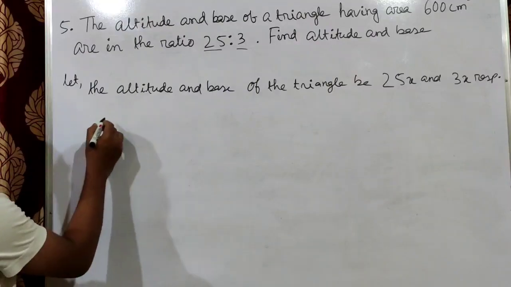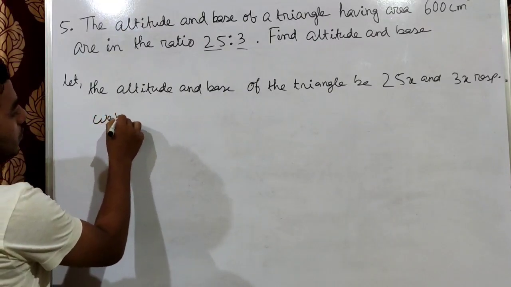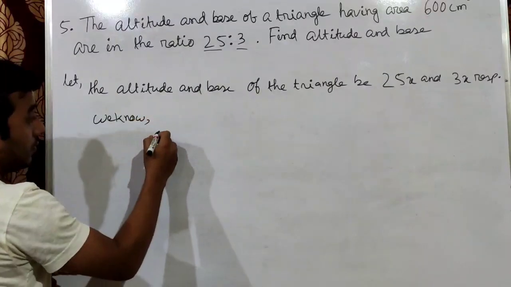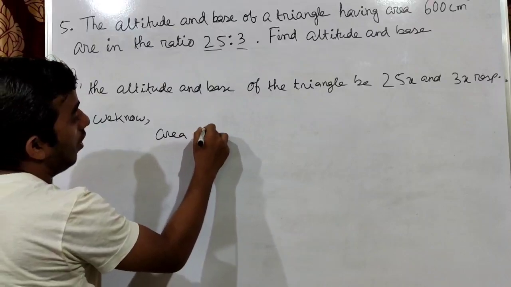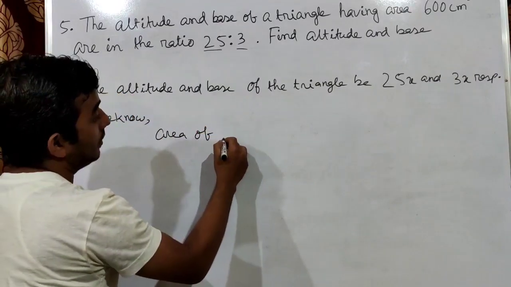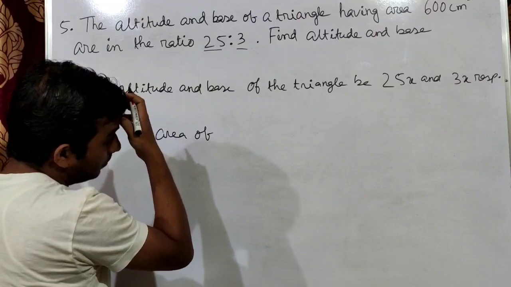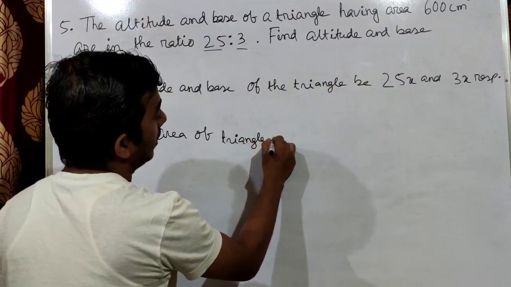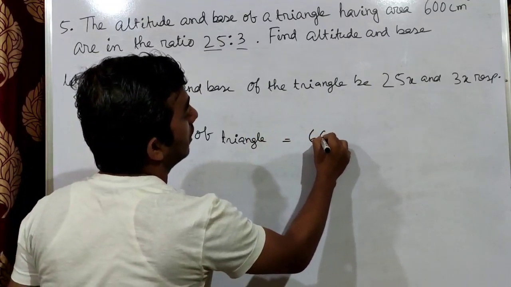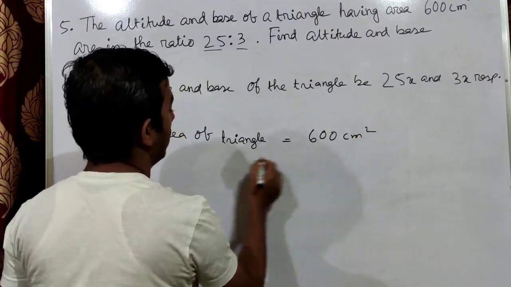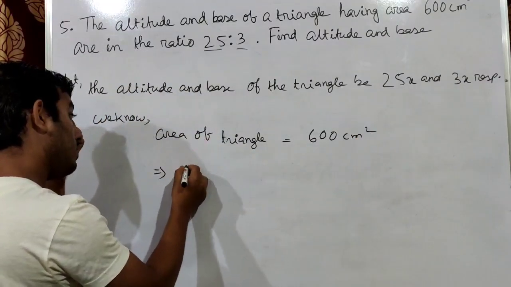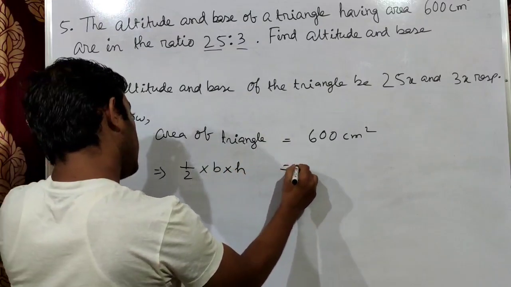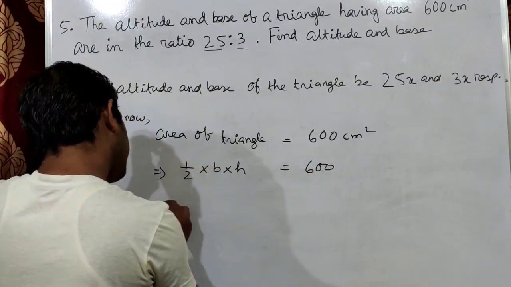We know the area of triangle equals 600 centimeter square, and the formula is half into base into height equals 600.